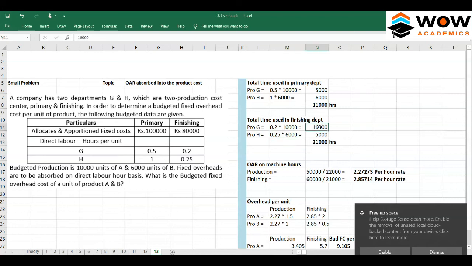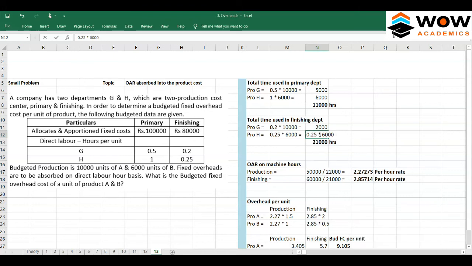So we'll get the number here. This is 2,000, and this, I'm not sure how much it comes to. We'll just find out. It comes to 1,500. So totally 3,500 hours is available here. So this is about the finishing department time.